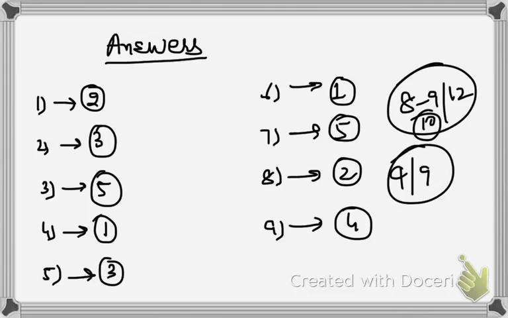With good practice you would have 100% accuracy and 2 or 3 minutes to spare, and if you are very good at it, most probably 4 minutes to spare. So just practice syllogisms again, because it is a scoring topic.